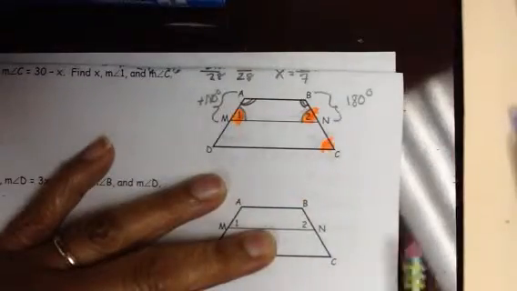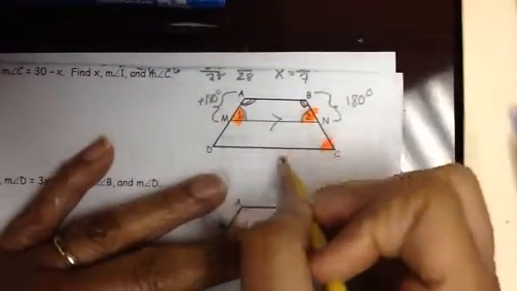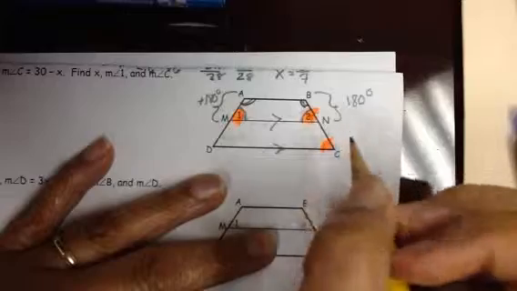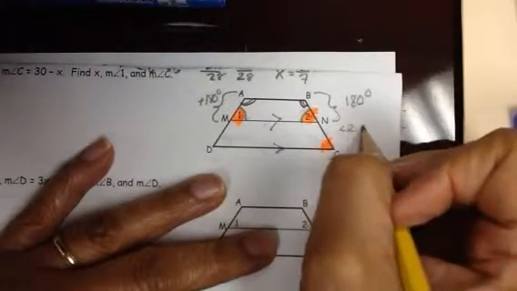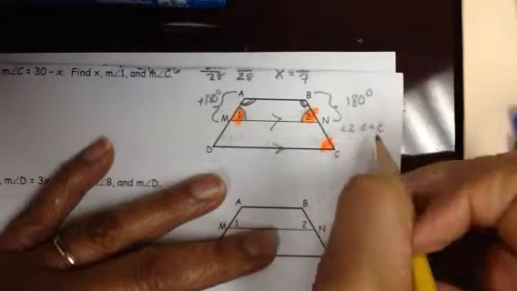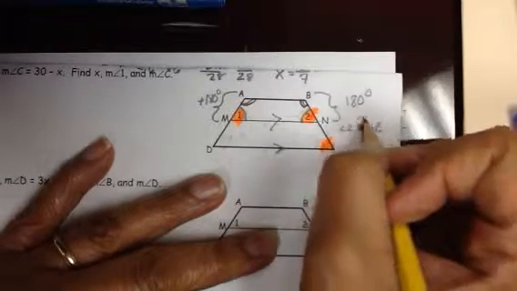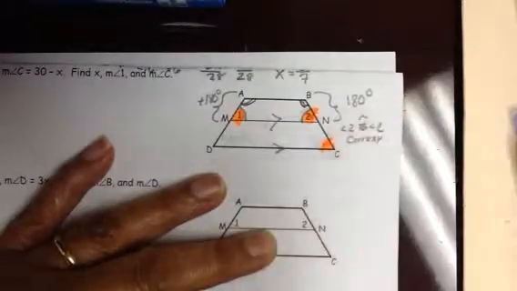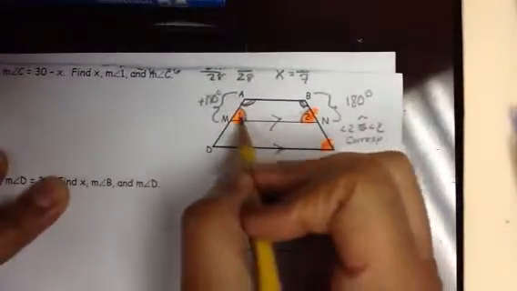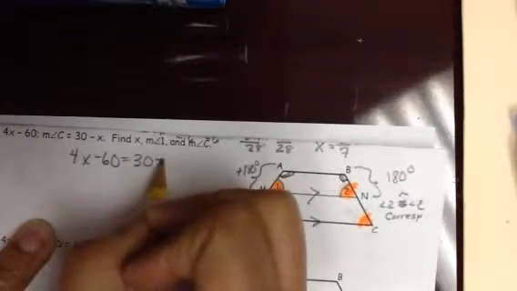If you think about it, we've got two parallel lines, we've got a transversal. These two angles, angle 2 and angle C, are congruent. Why? Because they are corresponding angles. Okay? So that means I can set angle 1, which is 4x minus 60, equal to 30 minus x.